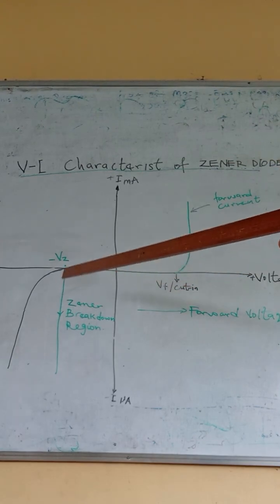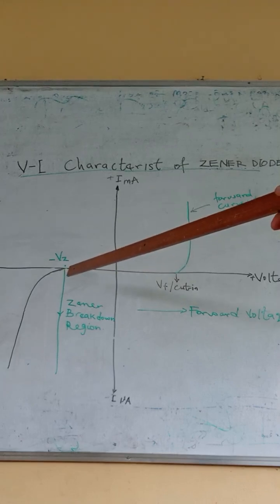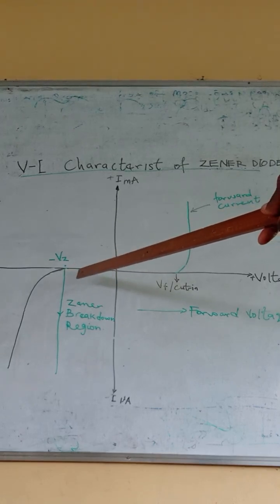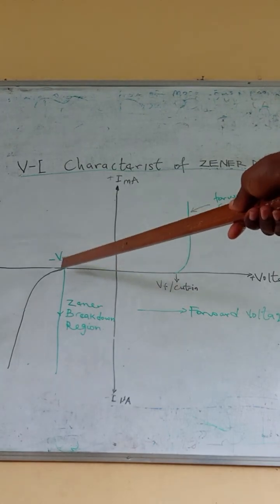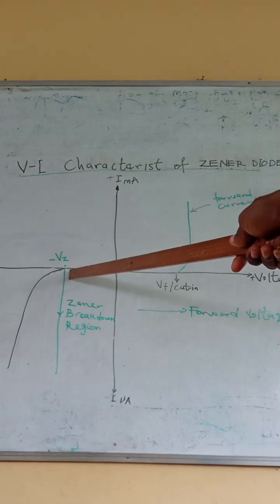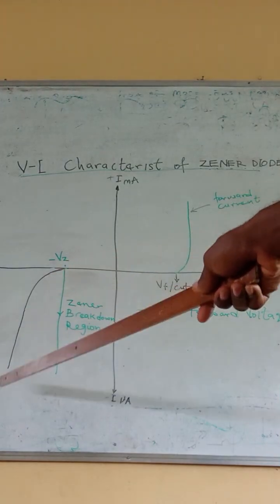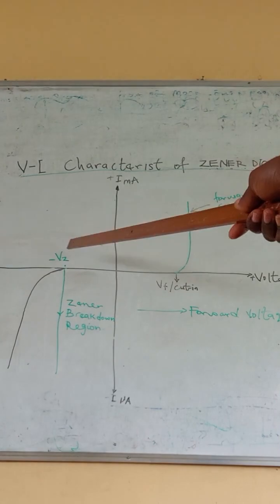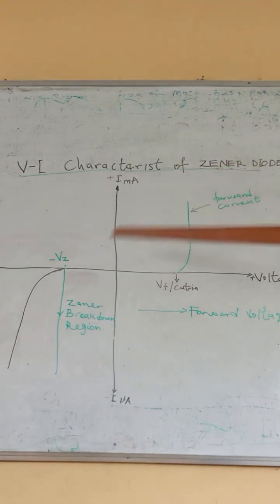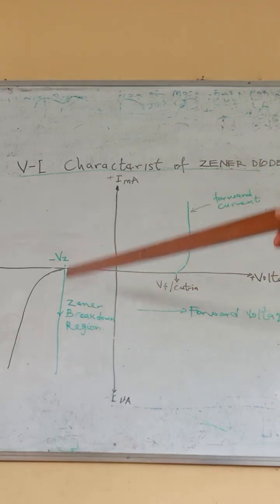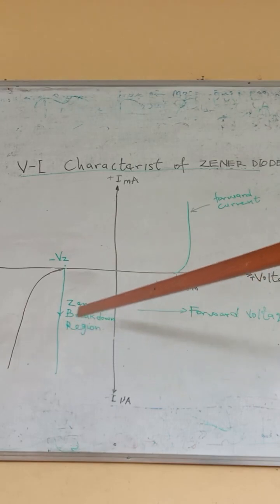But at reverse bias condition, if it is PN, you are going to have leakage current. A small current will start coming. At the breakdown voltage, it will damage that PN diode. But if it is Zener, it will not be damaged, it will maintain constant voltage. This region is what we call the Zener breakdown region.